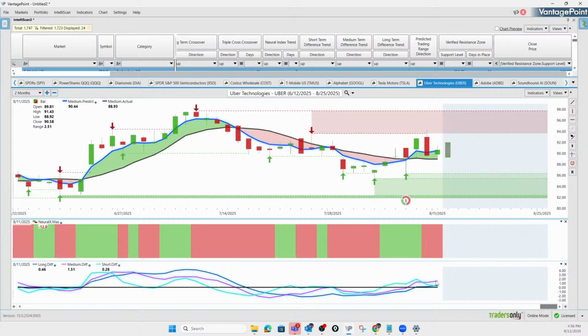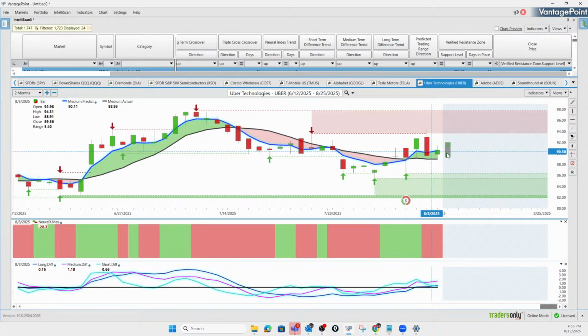They are kind of mixed signals, one going up, one going down, one going sideways. And so we do want to exercise possibly a little bit more caution here.